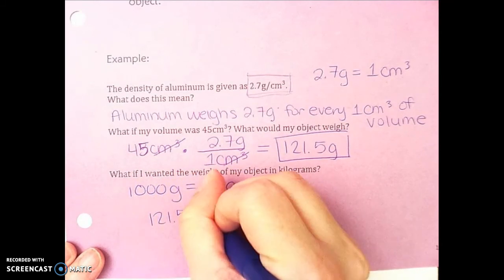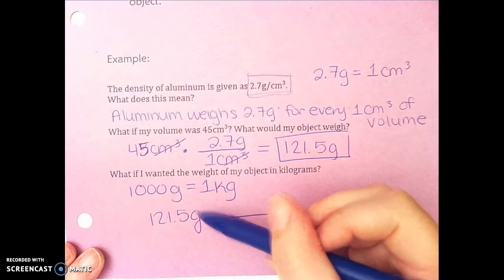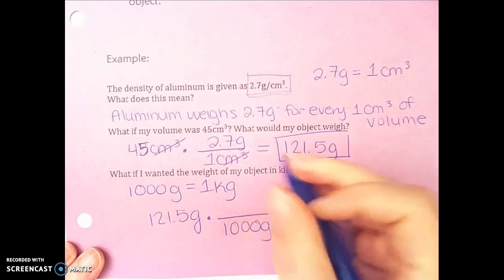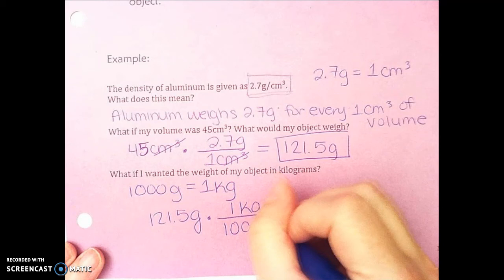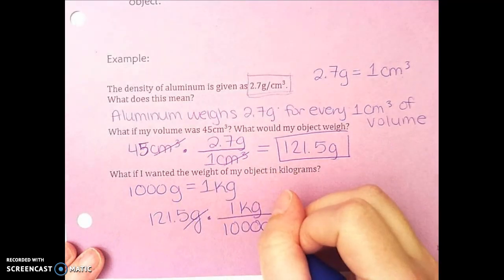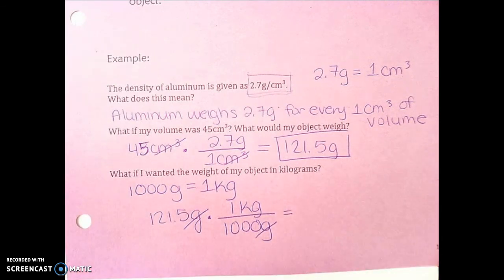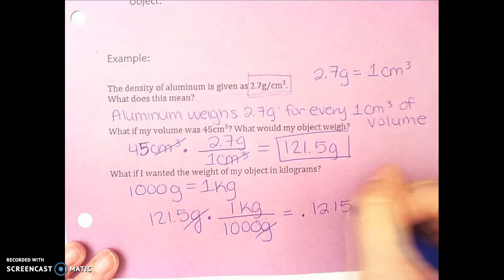And again, we're just going to set up our multiplication. If I have grams on top here, I want my grams on the bottom here and I want my kilograms on top. So I'm going to have grams on top with grams on the bottom reducing. I'm going to be left with kilograms. And so calculating that, I'm going to get 0.1215 kilograms.